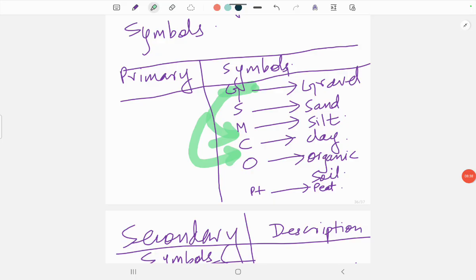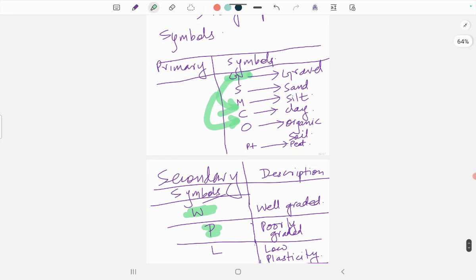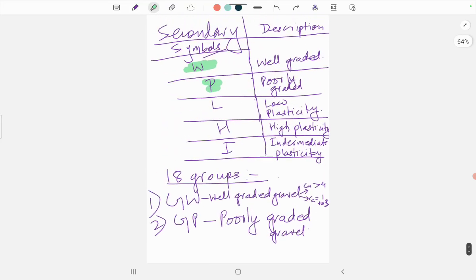First, gravel relates to well graded and poorly graded, and now we write within the primary symbols, that is, silty gravel and clay gravel.